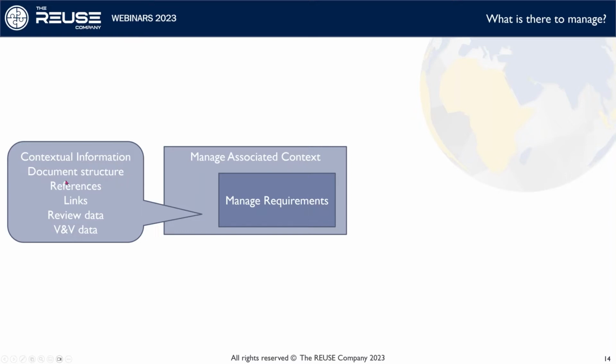There may be all sorts of references, links. There may, as time progresses, be review data and verification and validation data that will be generated, and that needs to be managed in context with the requirements.